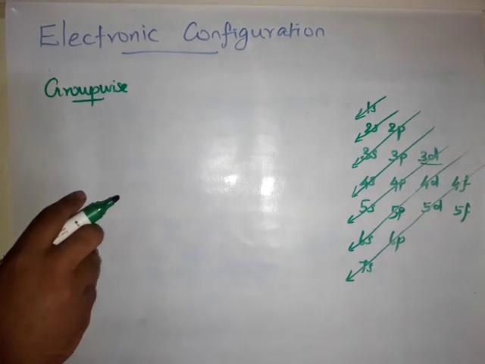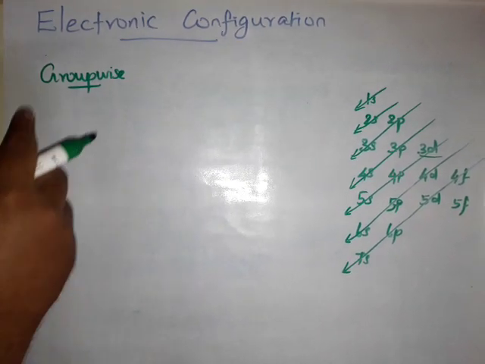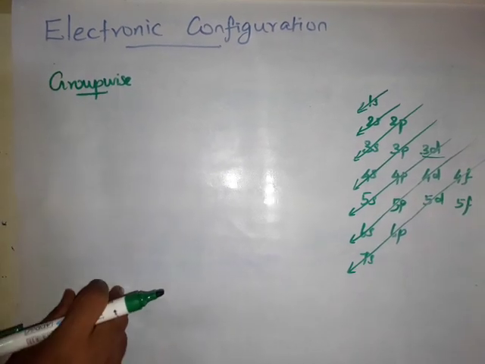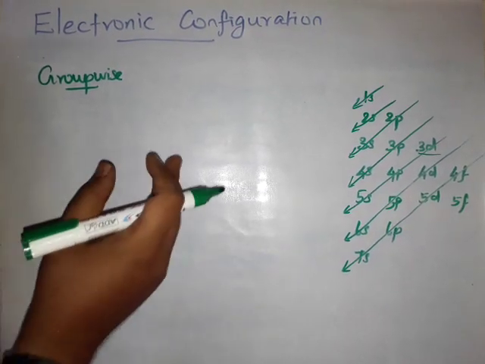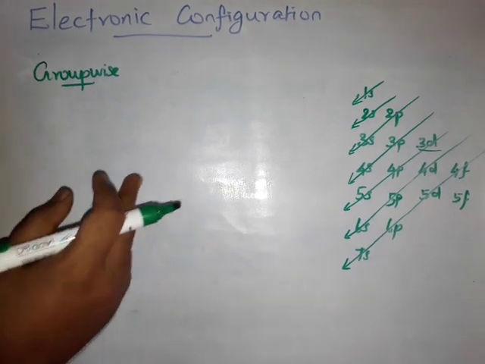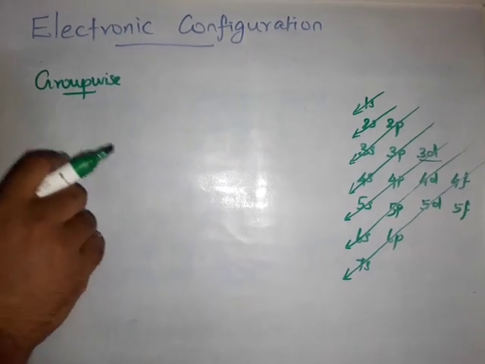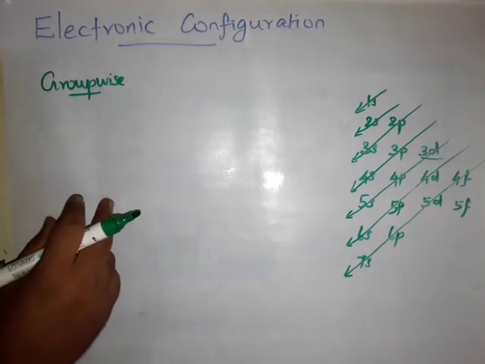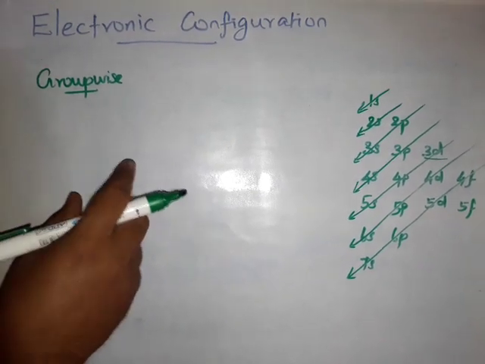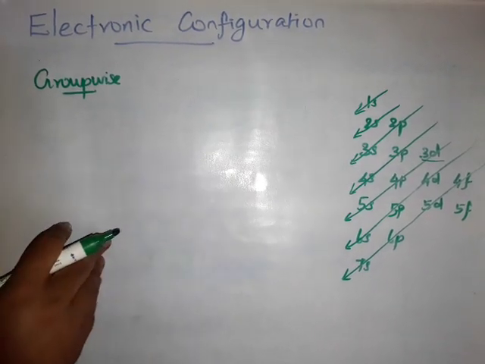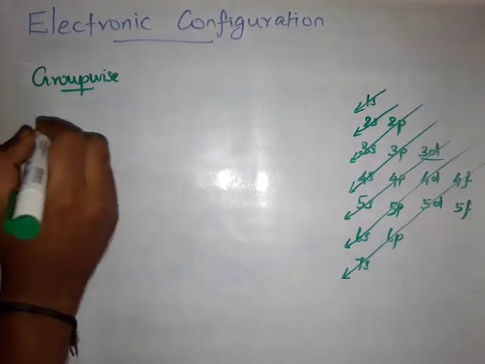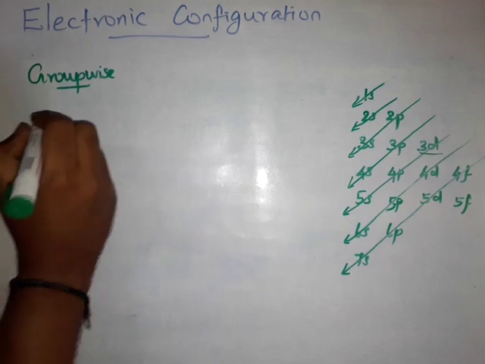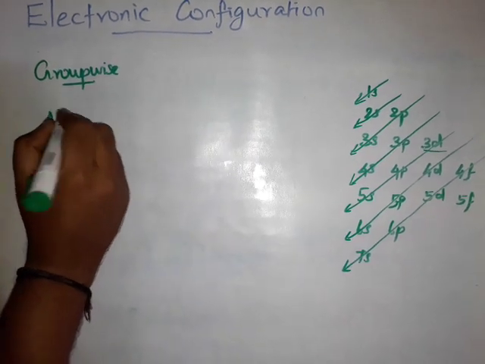Elements in the same vertical column are called a group. There are group 1, group 2 up to group 18 elements in the periodic table. They have a similar valence shell electronic configuration, the same number of electrons in outer orbitals, and similar properties. For example, group 1 elements are alkali metals.